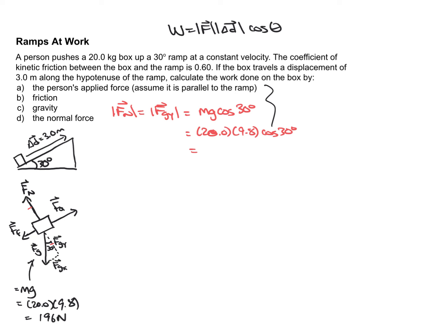Make sure the calculator is in degrees mode. Okay, I'm getting 169.74 newtons, which I'll underline to 2 sig figs. Okay, that's the magnitude of the normal force, which is useful to find the frictional force.